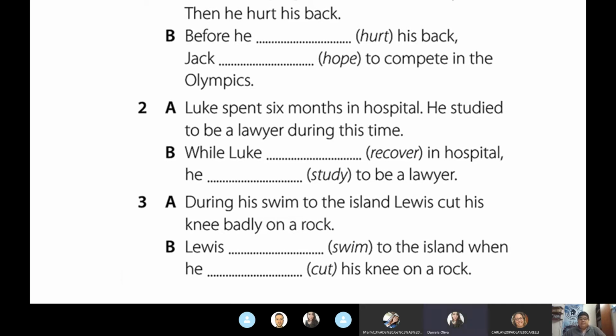Hurt. And in the second verb, it's the same to put had been hoping or had hoped? Yes, the same. This is because hope is a state verb, yes. Okay.